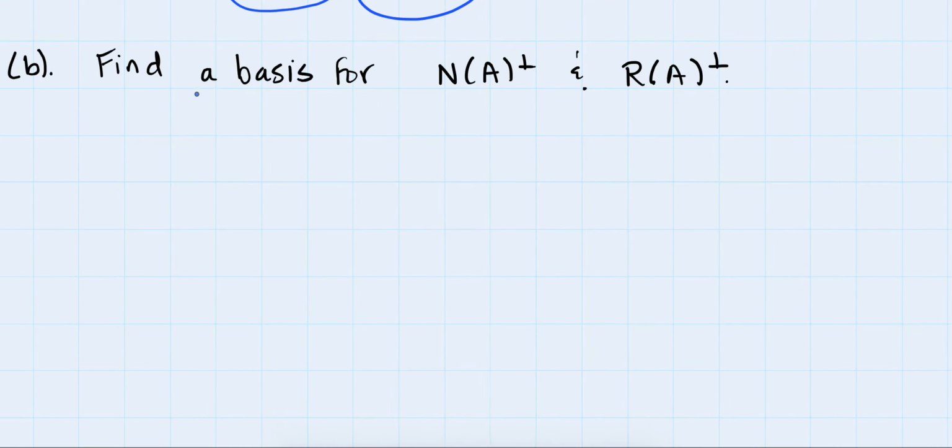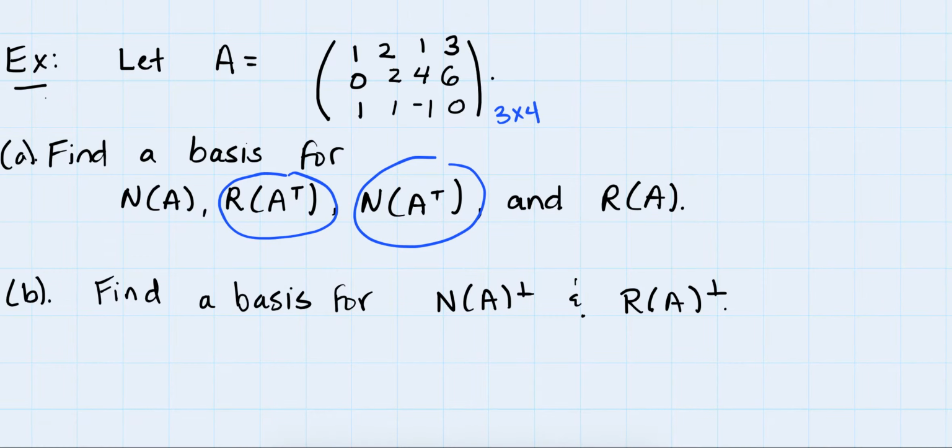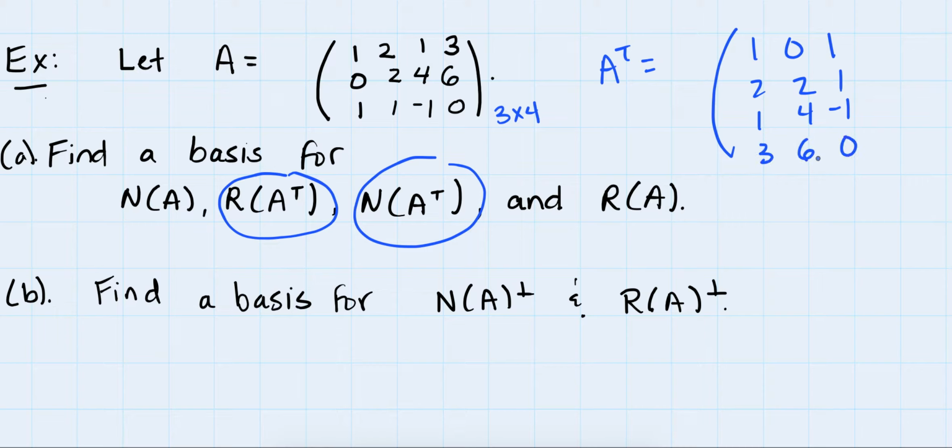Okay. So if this is the matrix, the transpose, remember we flip it along the diagonal, so it's going to be 1, 0, 1, 2, 2, 1, 1, 4, negative 1, 3, 6, 0.